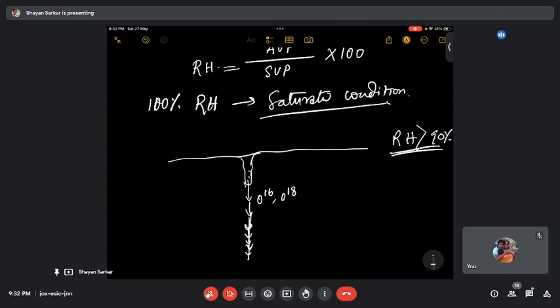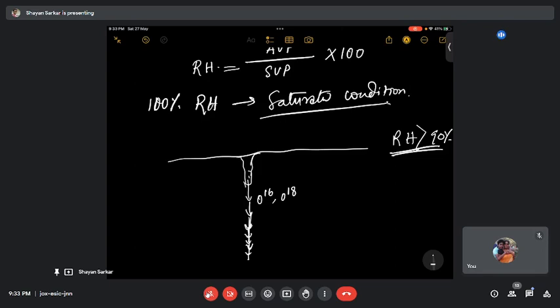Okay, so when there is any flowing medium, any liquid flow, that liquid contains both O16 and O18. And we all know that O16 and O18 are highly used to interpret the past climate and also to predict the future, right?